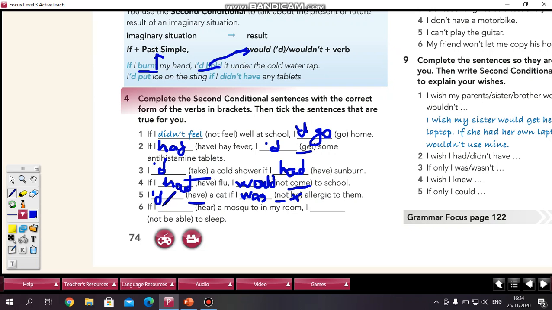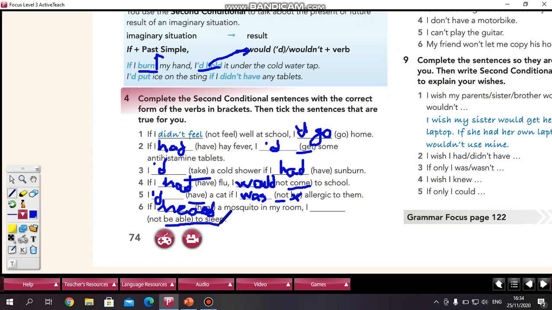If I heard a mosquito in my room, I wouldn't be able to sleep.